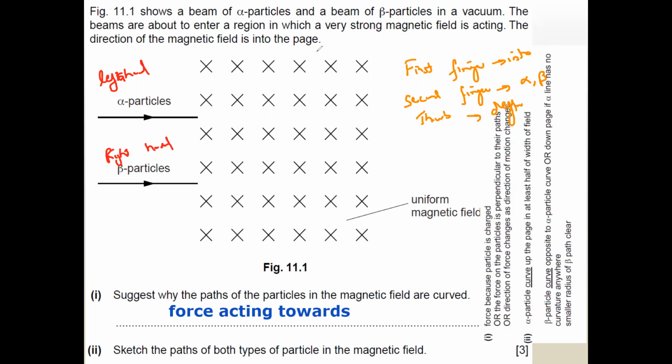So when we apply the rule here for alpha, we will observe that the alpha particle will go up and the beta particle will go down, and the deviation of alpha is less than the deviation of beta.